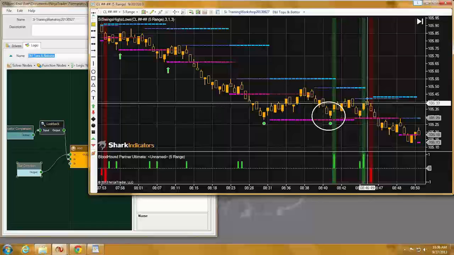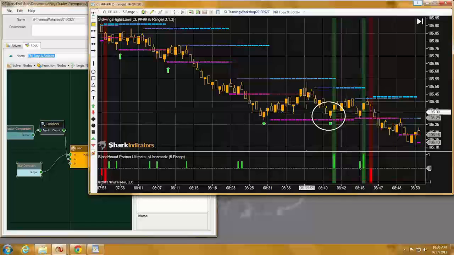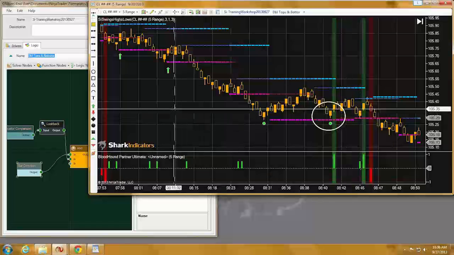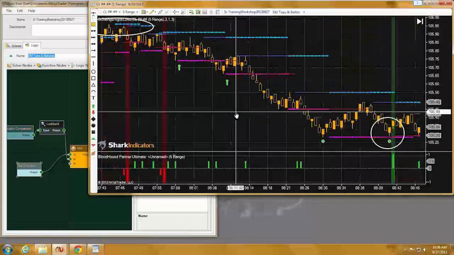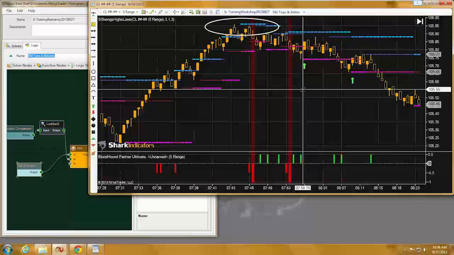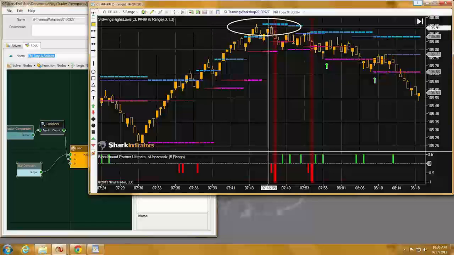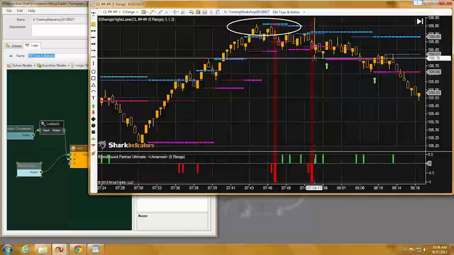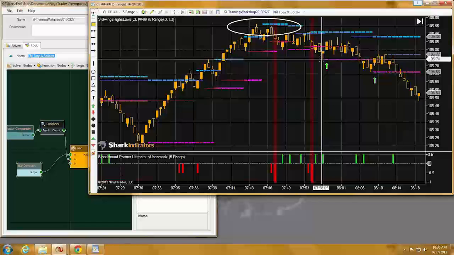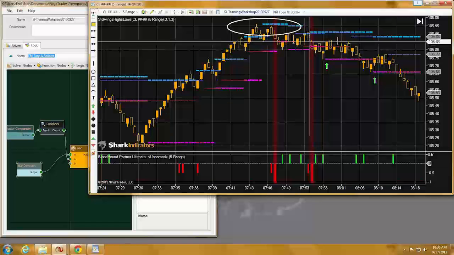Even though it didn't last very long, but technically it's correct. And the short signal is technically correct. Yeah, even this short signal here is technically correct.